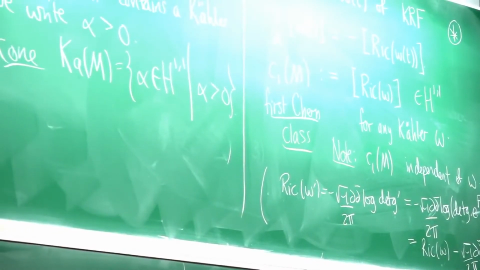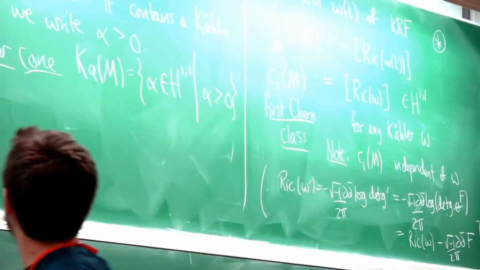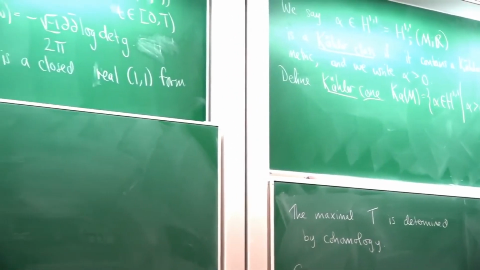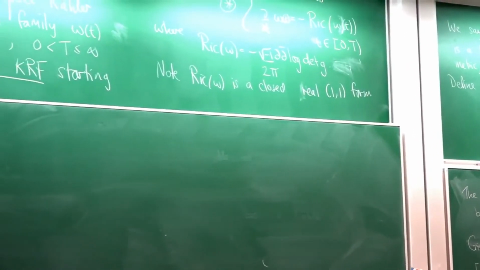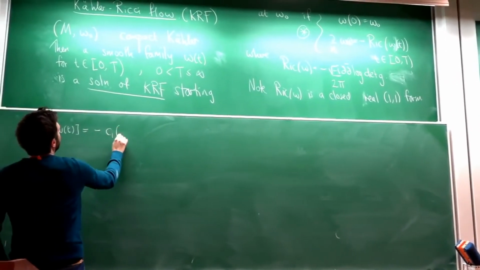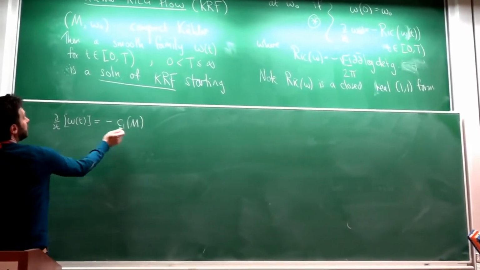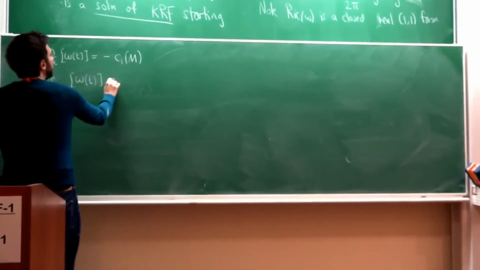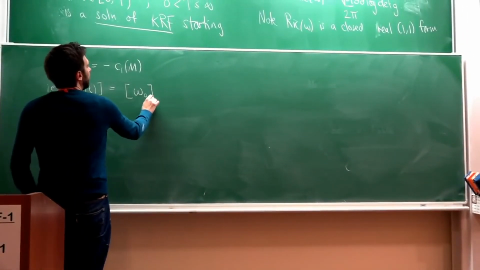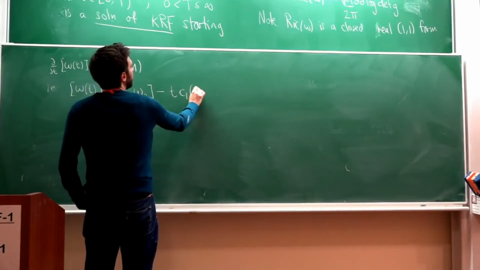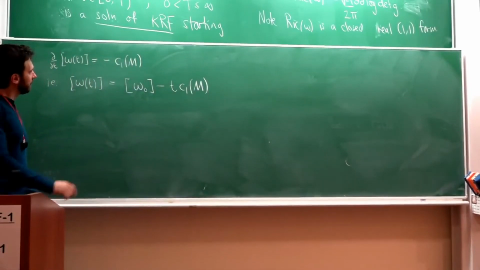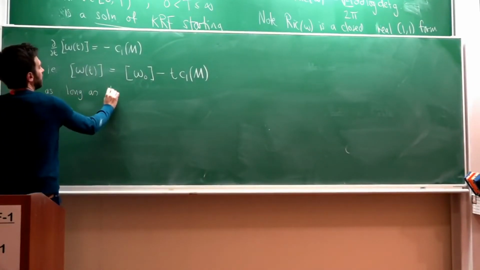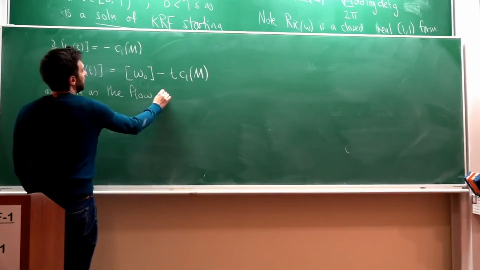So what we see is that d/dt of the class of omega t is just minus c1 of M. And this is independent of t. So in particular, it says that the cohomology class of omega t, I know that it starts at omega naught, and then it just moves linearly in the direction of minus c1 of M, as long as the flow exists.